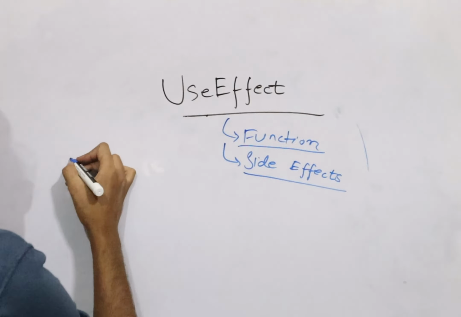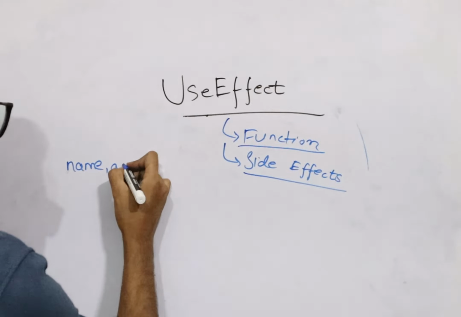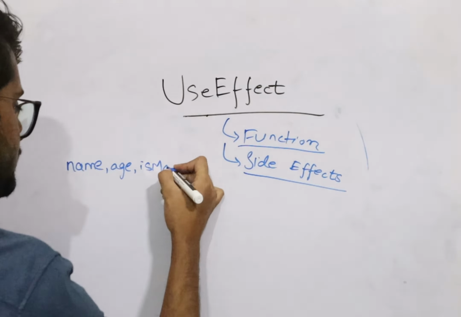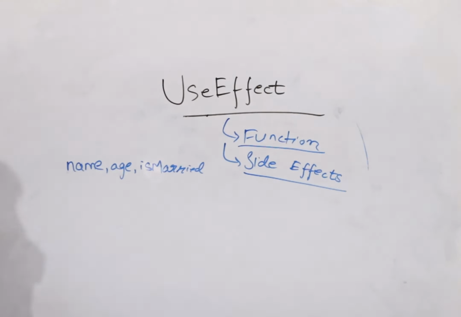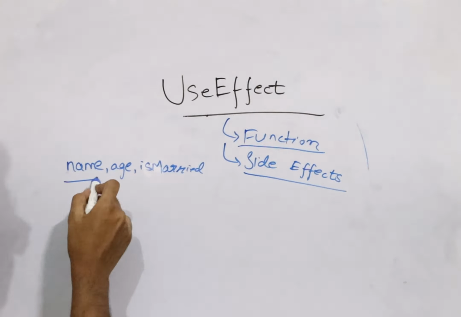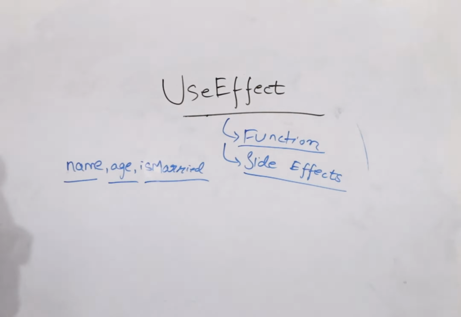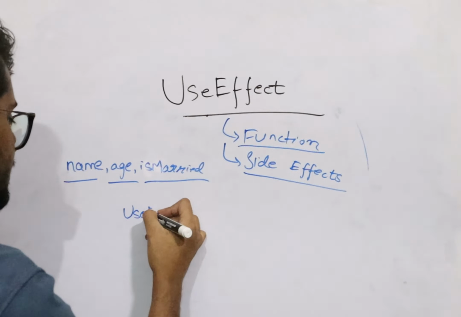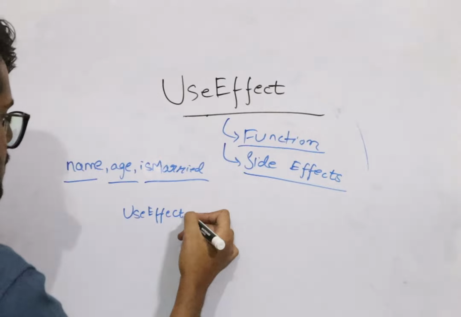Suppose that we have three states: name, age, and isMarried. They are supposed to change in their lifetime. This can change anytime, this can change, and this can change. So we can use the useEffect hook to trigger some effect when any one of these changes.